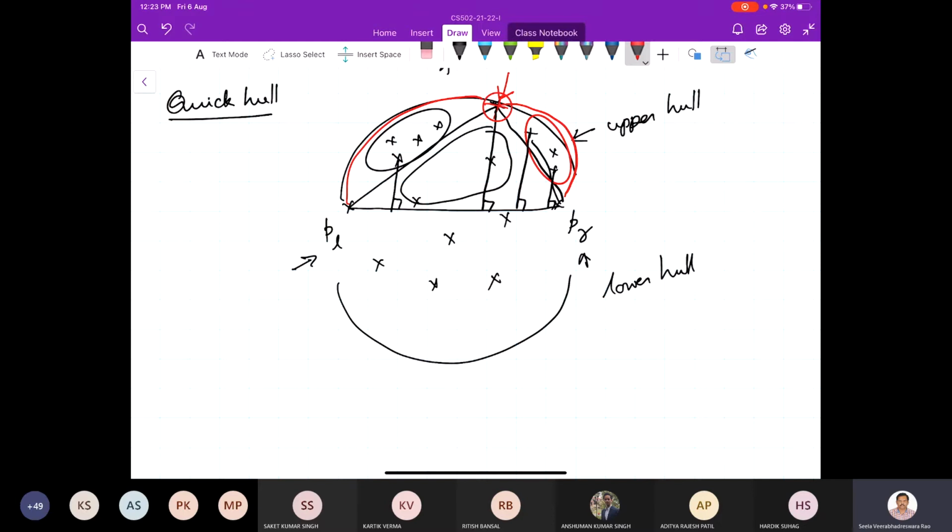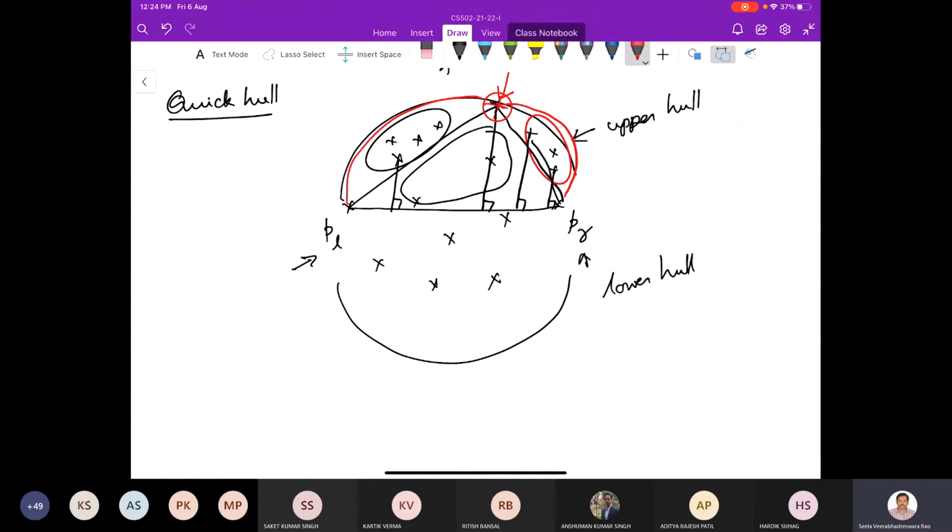These two are certainly on the boundary of the final convex hull, and this line segment divides the final convex hull into two parts. The points above it define the upper part of the convex hull, and points below this line segment define the lower part. So we compute these two parts separately and merge the solutions.